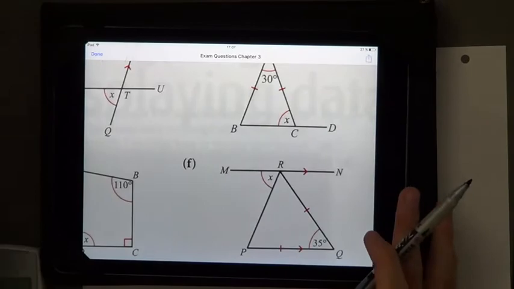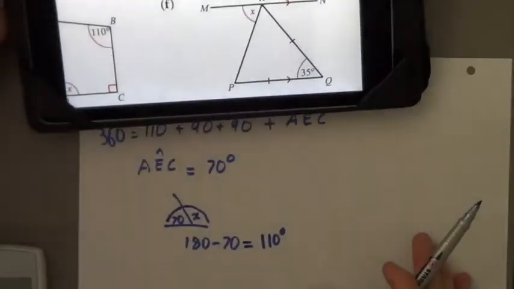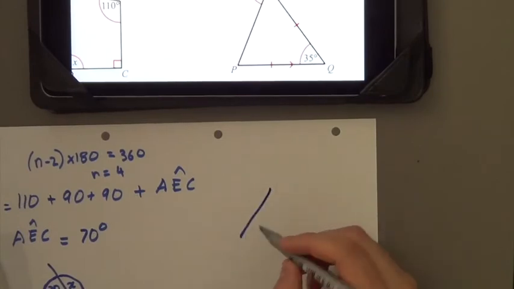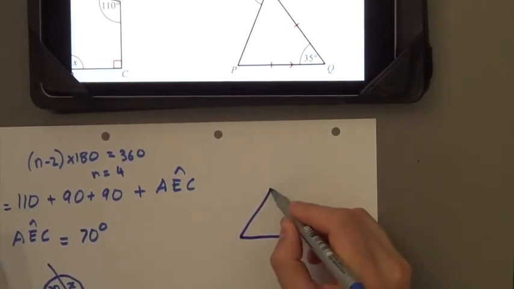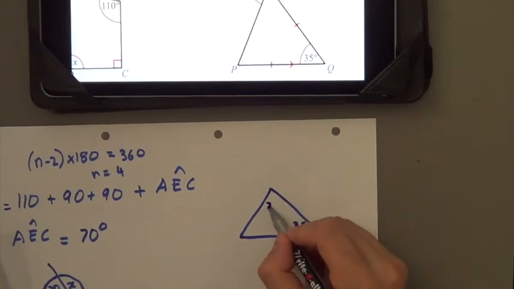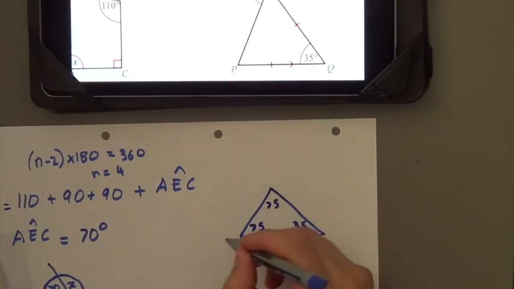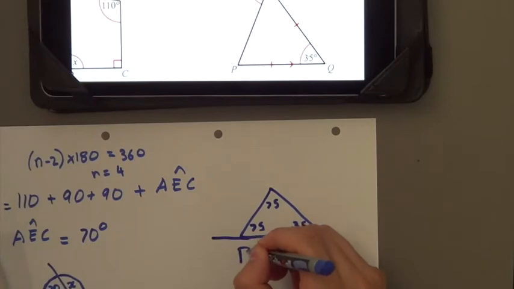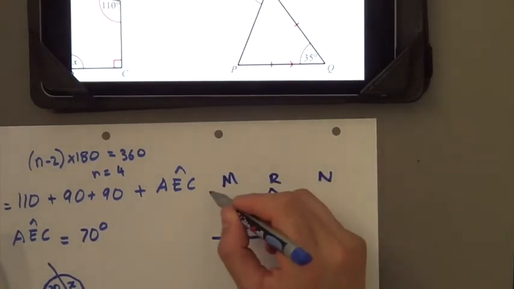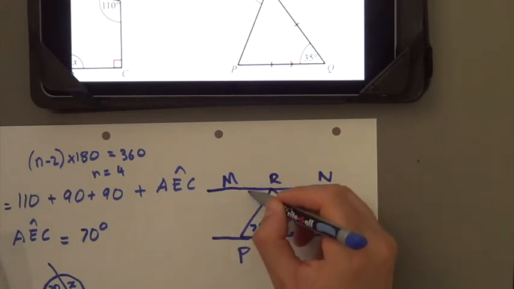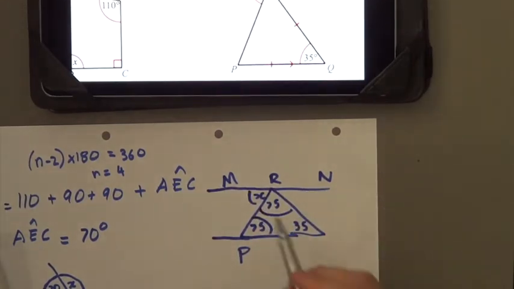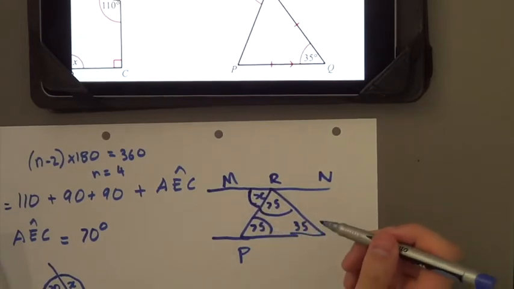So I can now draw what we have here. This is 35 and this is 75 and 75. This is P, R, N, M, and there's another line here, and this is X. Now, what did we learn from our Z angle rules?